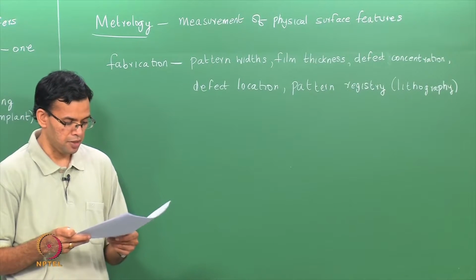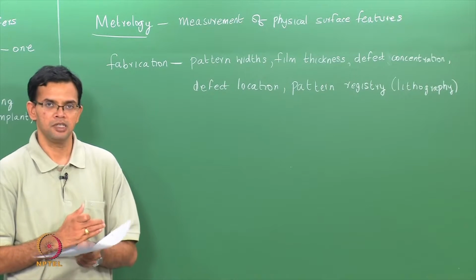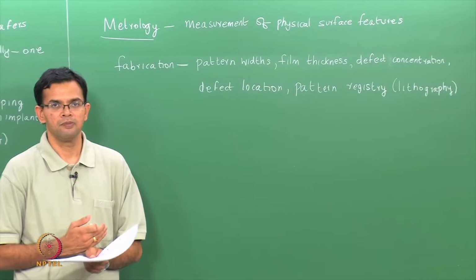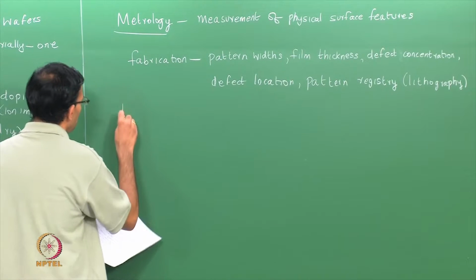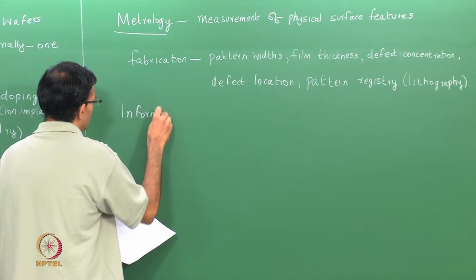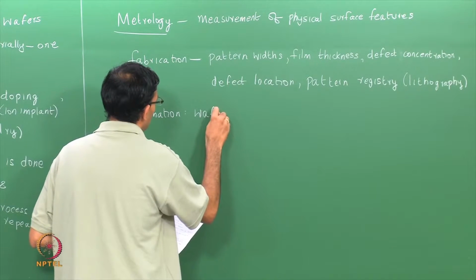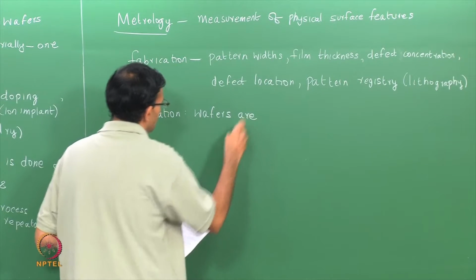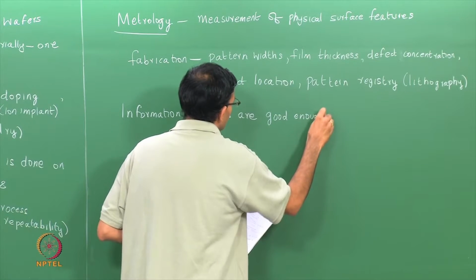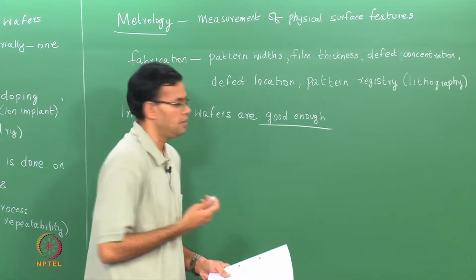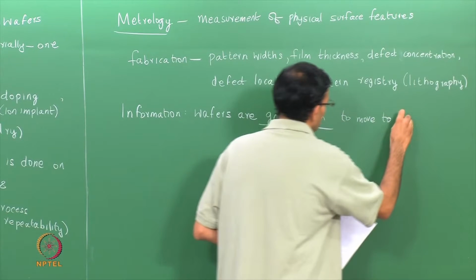the IC device fabrication. What metrology should tell us is whether the wafers that pass through a given step are good enough in order to move on to the next step. So, the information we are looking for is whether the wafers are good enough to move to the next step.